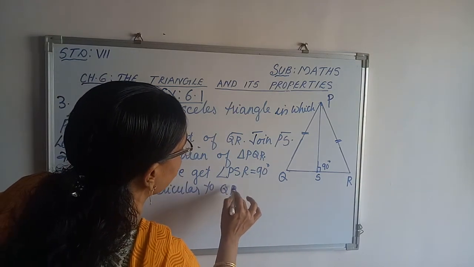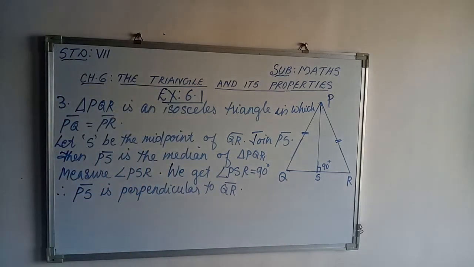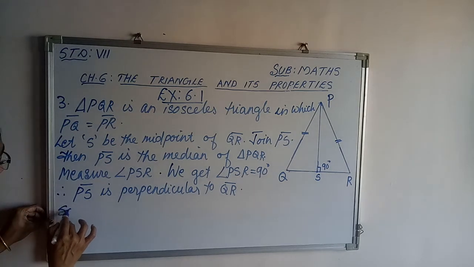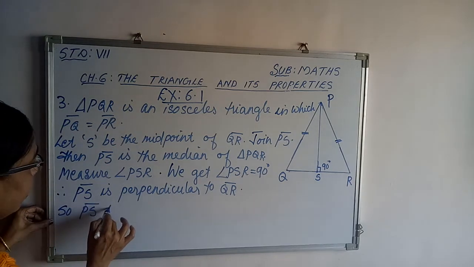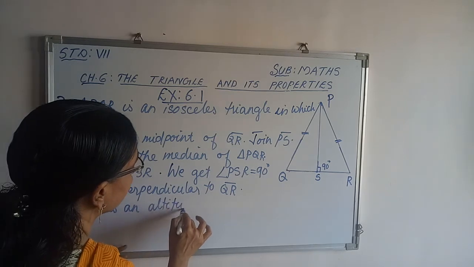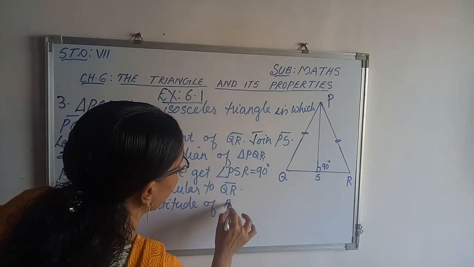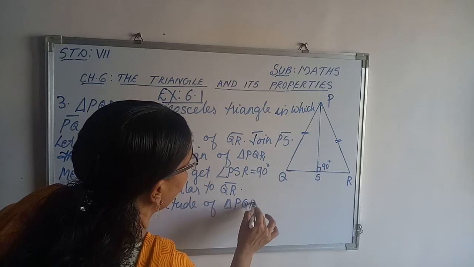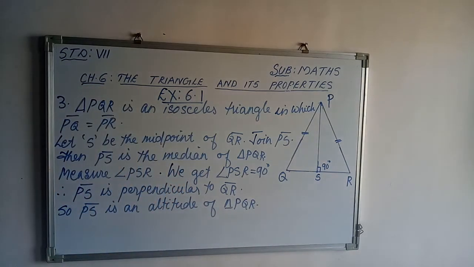Is that clear? And if PS is perpendicular to QR, we can say PS is an altitude of triangle PQR. So we got PS as the median and also as the altitude.